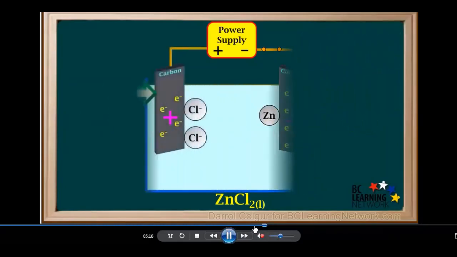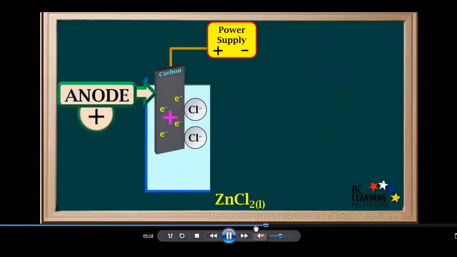At the anode, we have the negatively charged chloride, which is directed to the positive anode, loses its excess electron and is neutralized, changing into chlorine gas. So chlorine gas evolves at the anode because it loses its electron, forming a gas.